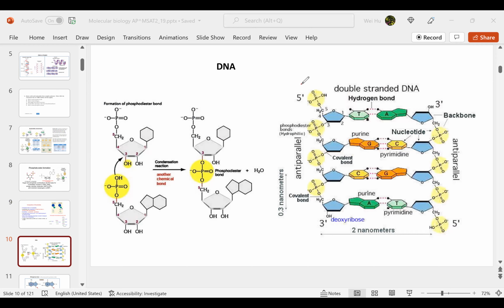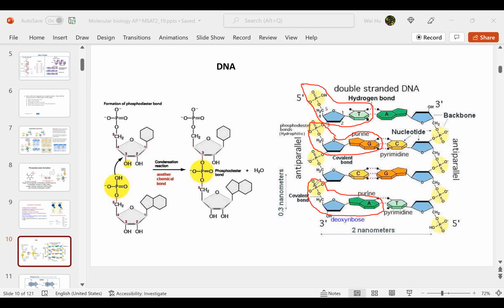This is one nucleotide, and this is another nucleotide. See this phosphate group?